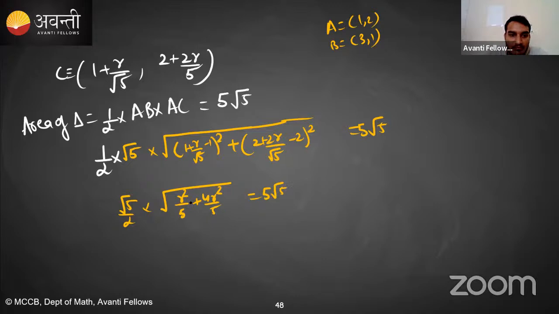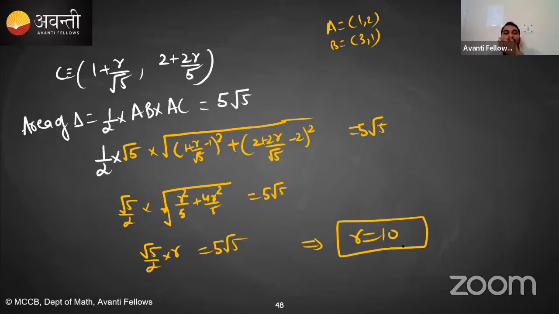This is nothing but 5R square upon 5 under root, which is R. So root 5 by 2 into R is 5 root 5. So R comes to 10. Is this clear?